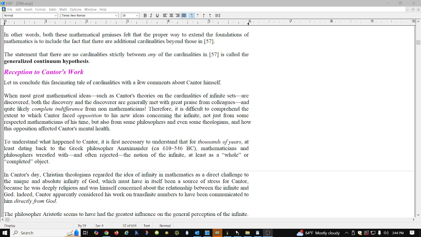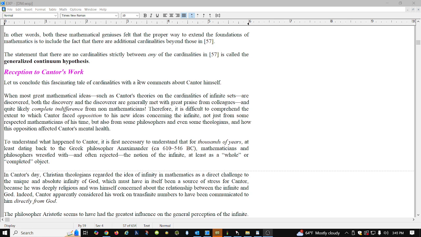So in Cantor's day, Christian theologians regarded the idea of infinity in mathematics as a direct challenge to the unique and absolute infinity of God. That alone was a tremendous source of stress for Cantor because he was deeply religious. And he himself was concerned about the relationship between the infinite and God.